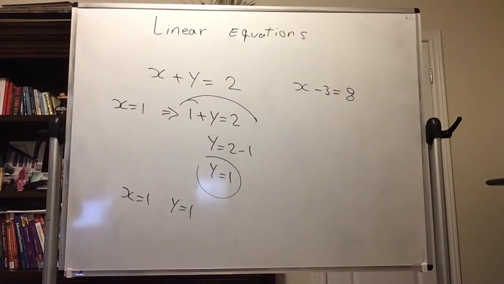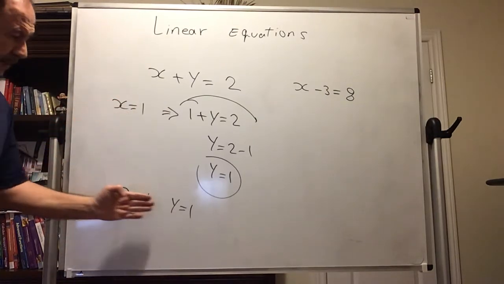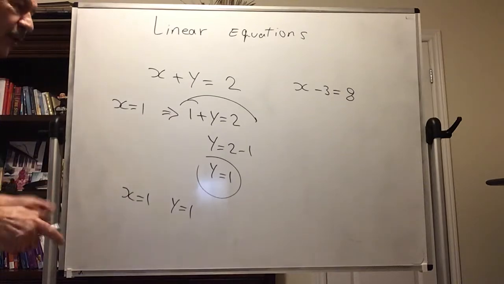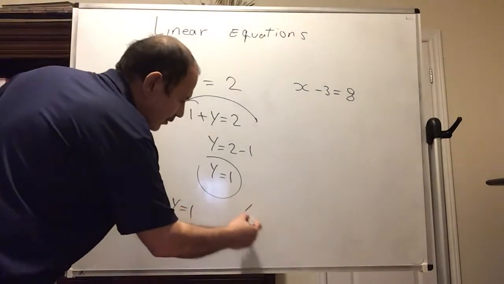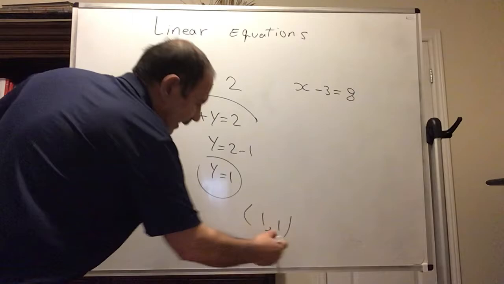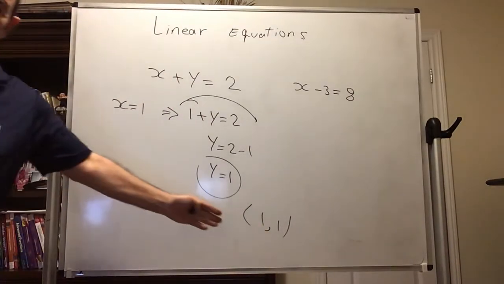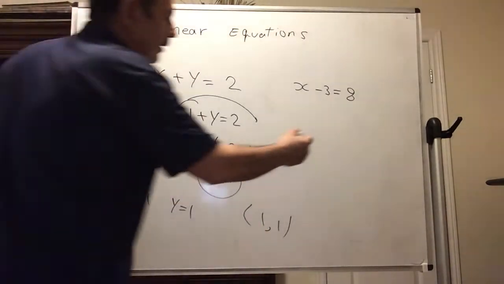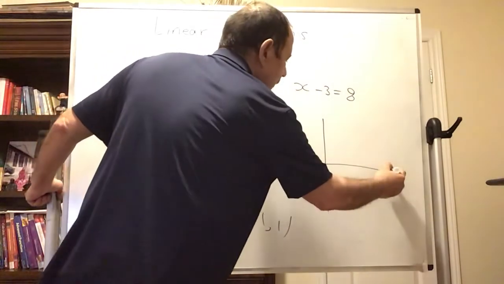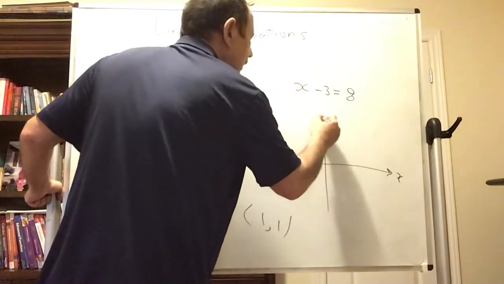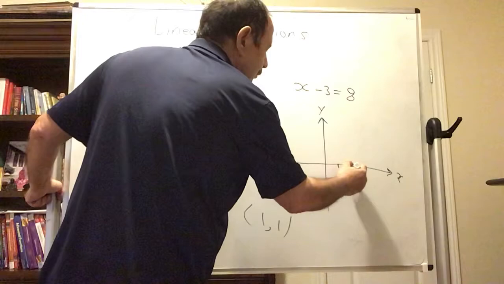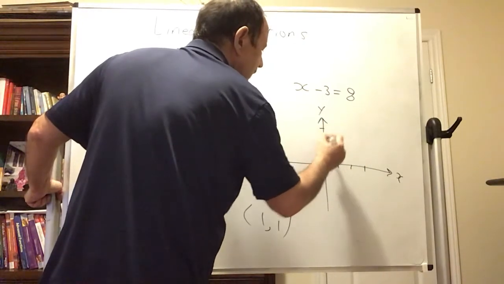And if you remember the rectangular coordinate system from the previous videos, x equal to 1 and y equal to 1 is a point that we can show with the coordinate (1, 1). And we can locate this point in the rectangular coordinate system, x and y, 1, 2, 3, 1, 2, 3.